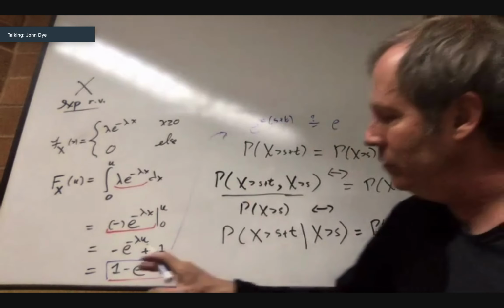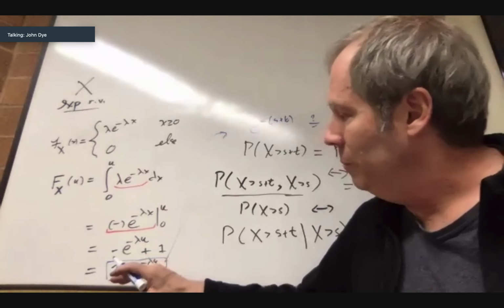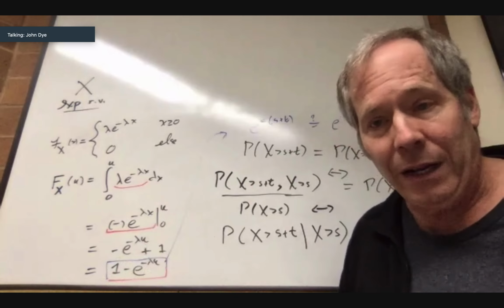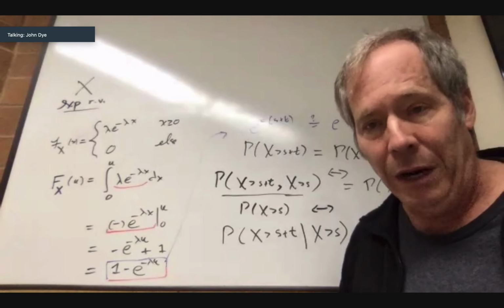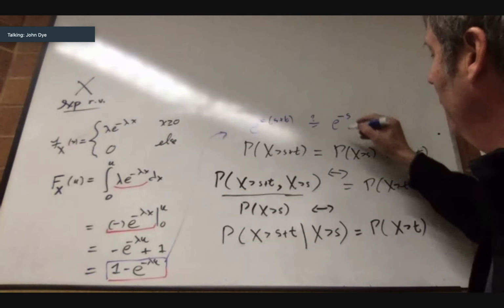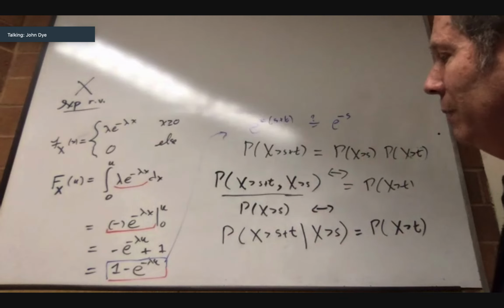The CDF goes from 0 up to U, but I want greater than U, so I have to go 1 minus that. That clears out the 1 and takes the minus sign away from the exponential. I forgot the lambda, I'm sorry.